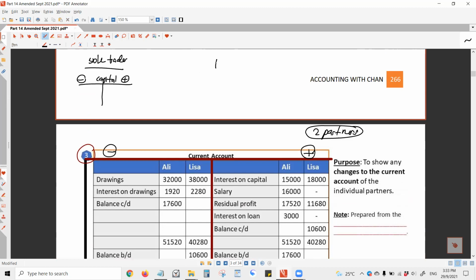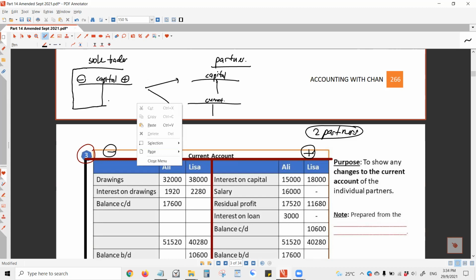When it comes to partnership, I told you that this capital is split into 2, right? The first division, we use the name capital. The second division, we call it current account. So that's why the characteristic should be the same as the original capital account that you have learned, where plus is also on the right, and minus is on the debit side.